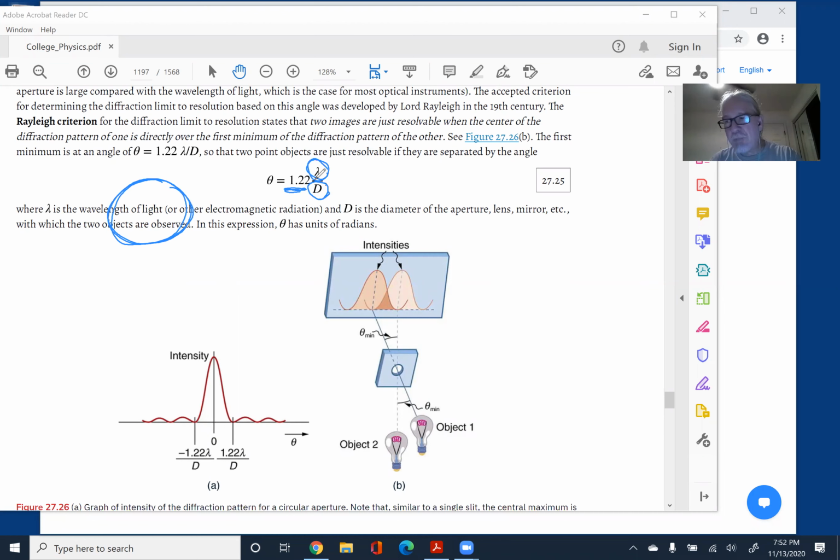But it's doable, but it's not within the scope of this class. So that's what tells you when two of those patterns overlap enough that you cannot tell whether you have one object or two, or when if the separation is at least that angle or greater, you're fine, you can tell you have two separate objects.